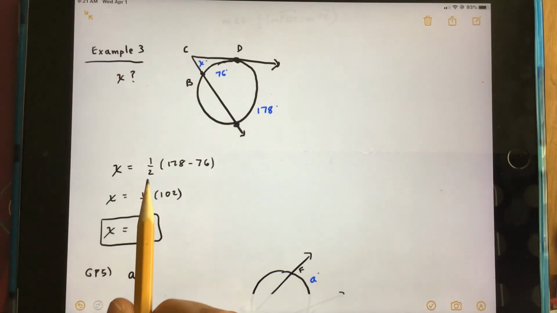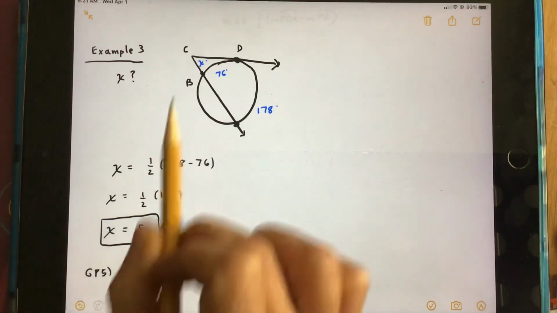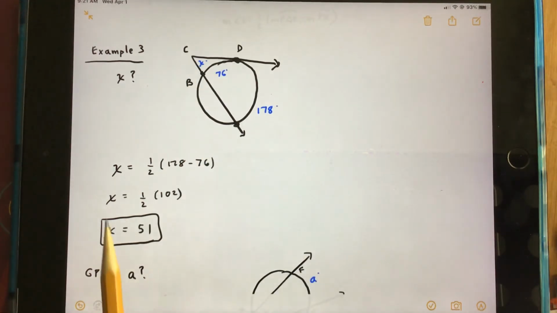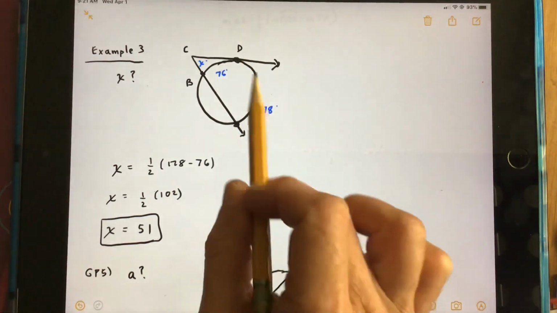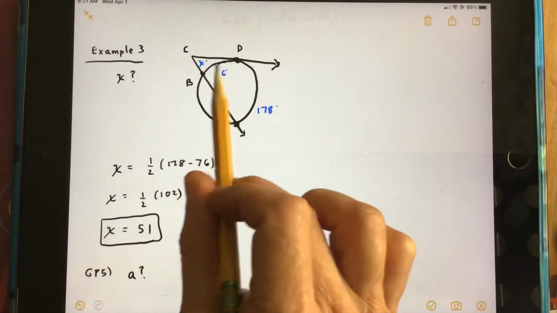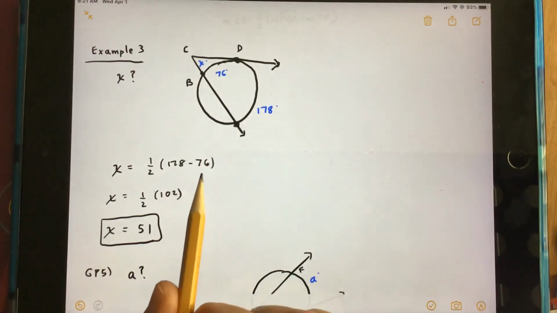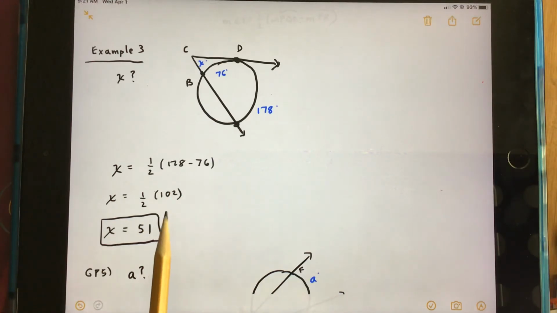As long as we take half of that difference, we'll find the measurement of this outside angle. So x is equal to 1/2 times 178, that's our outside arc, minus our inside arc here, 76, and the difference between 178 and 76 is 102, and half of that amount is 51.